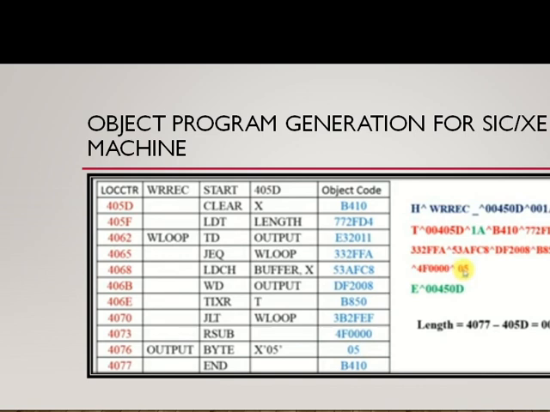If the format is 3, we add 3 to it. If the format is 4, we add 4 to the address and get the next location center. Then we created the object code by using the formats and the flag bits. Then we learned how to write the object program, head, text and end of the program.